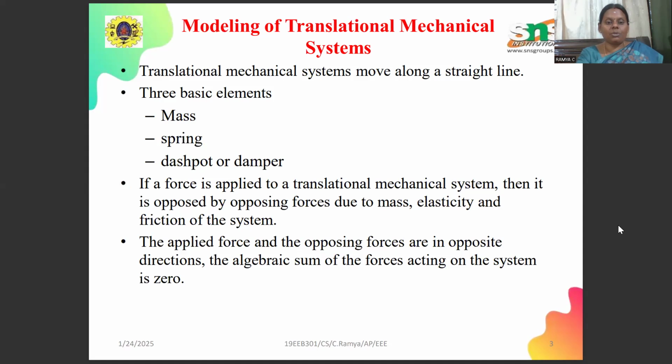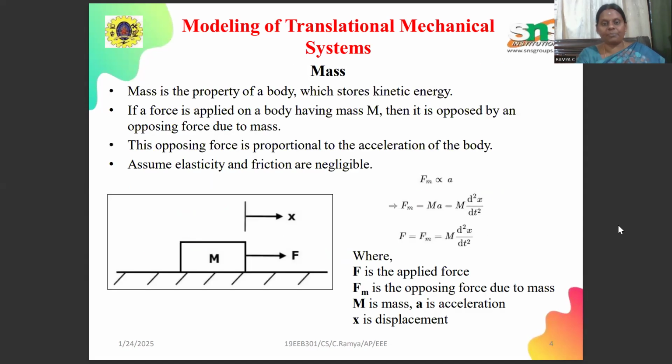Here, if a force is applied to the translational mechanical system, then it is opposed by an opposing force due to Newton's law, and this opposing force will be created by any one of these three elements. The applied force and the opposing forces are in opposite directions, so the algebraic sum of the forces acting on a system is zero.